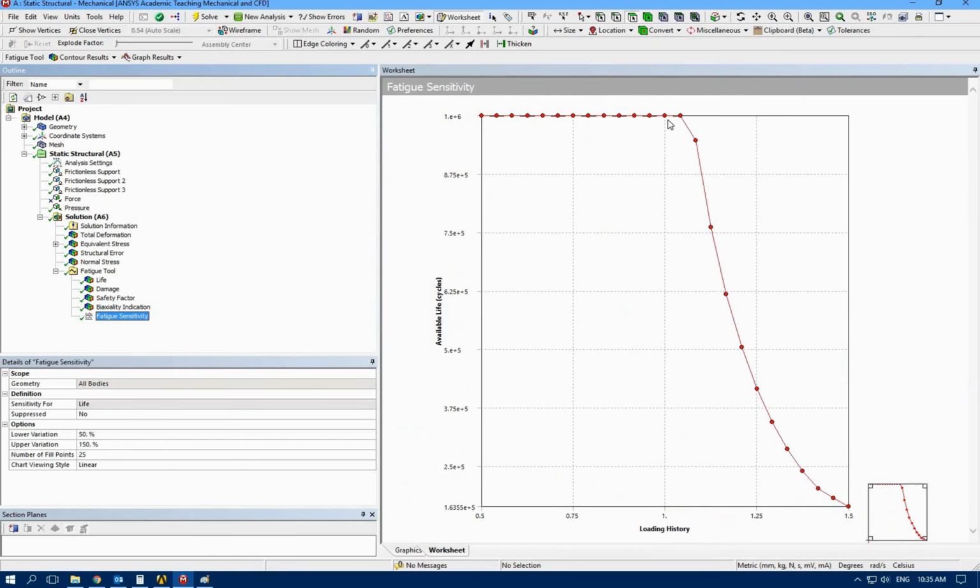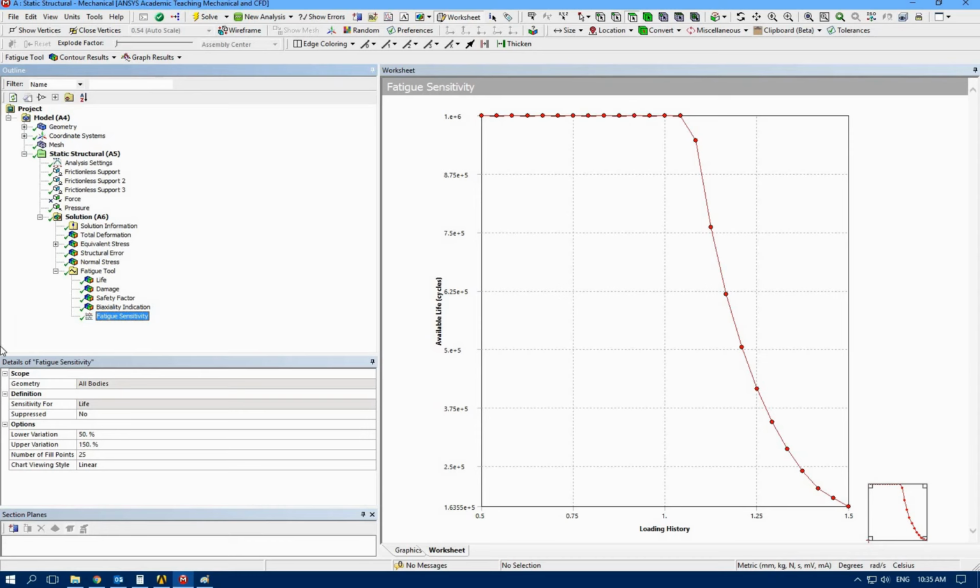Yep, see, I went 25%, but I didn't actually need to. I could increase the pressure a little bit more. You need to find the exact pressure point here. So we reach the infinite life, and our design is very safe right now for the fully reversed one.